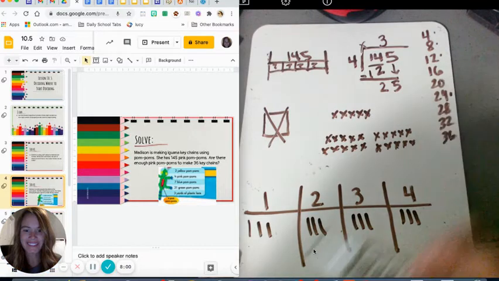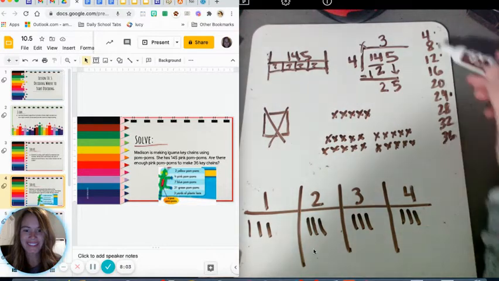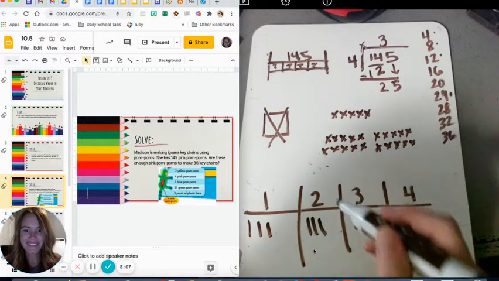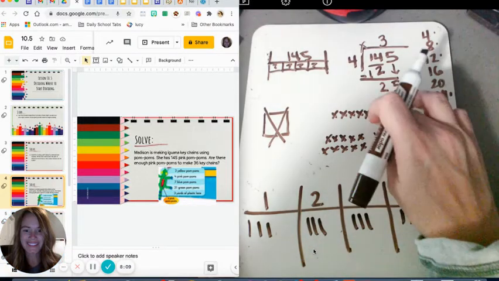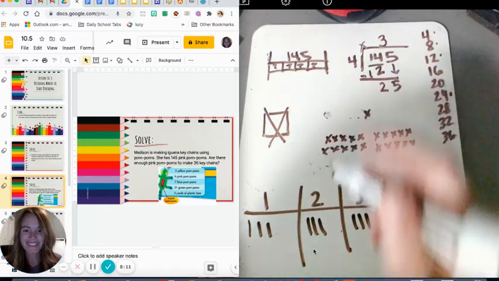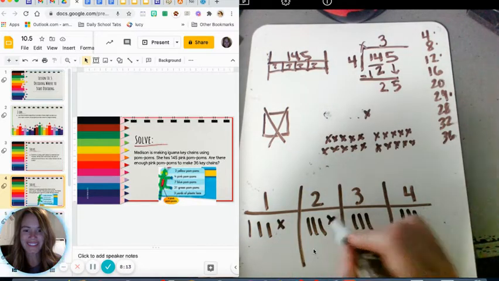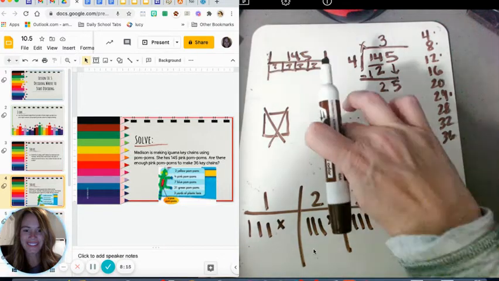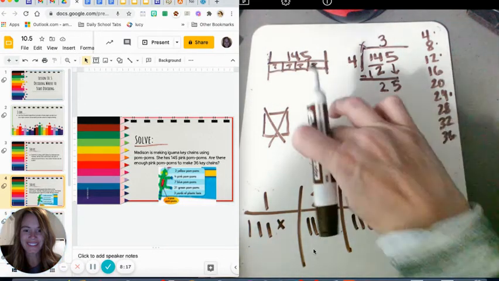And what I would do is I would start putting all of these in. I know I have to use 24 of them. So I would use these 4, 1, 2, 3, 4. Then I would use 4 more. So I'm going to cross out these 4.